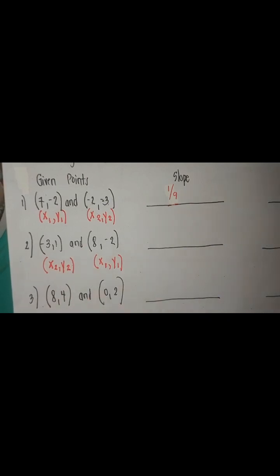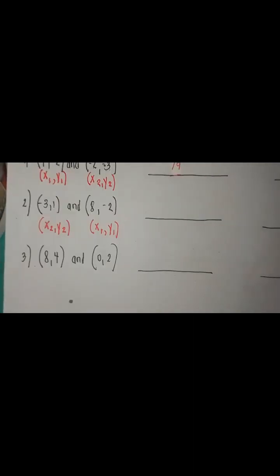Okay, so let us try to find the slope using the formula. Formula: m is equal to y sub 2 minus y sub 1 over x sub 2 minus x sub 1. So, number 2, we have m is equal to, what is our y sub 2?